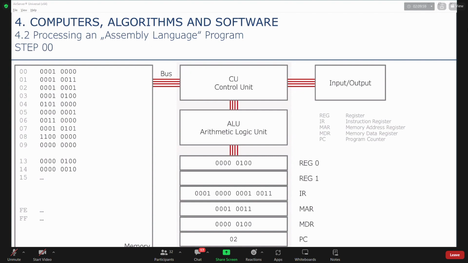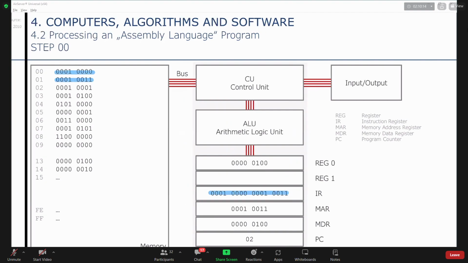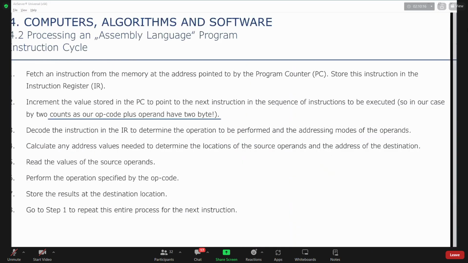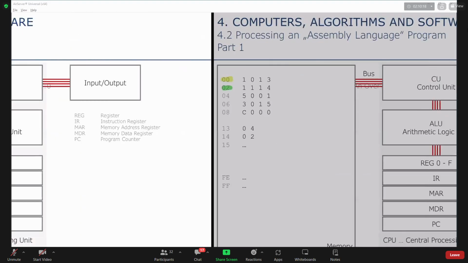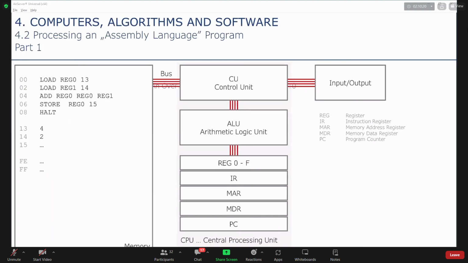The command, you remember, was load. Let's look into it again. Load register 0 with the value of memory cell 13.